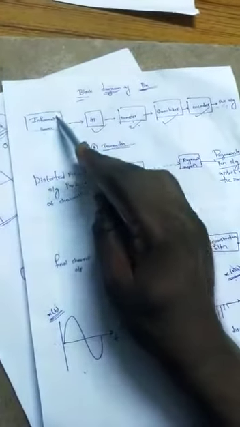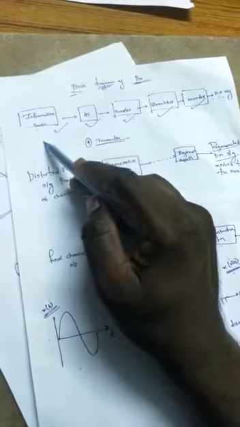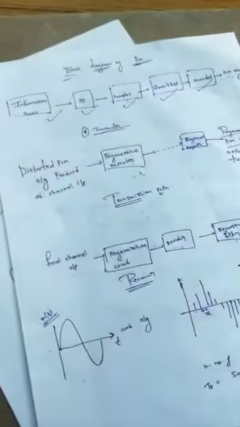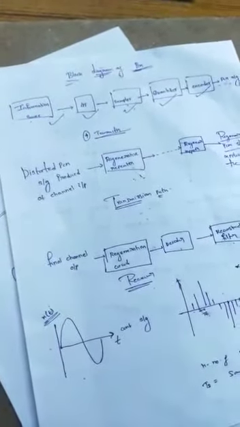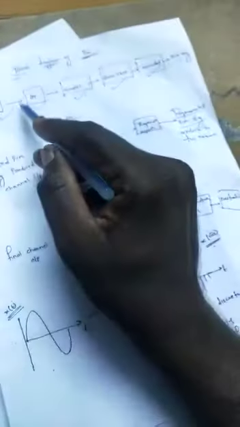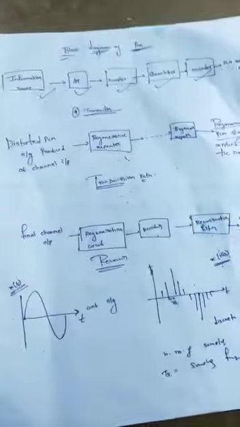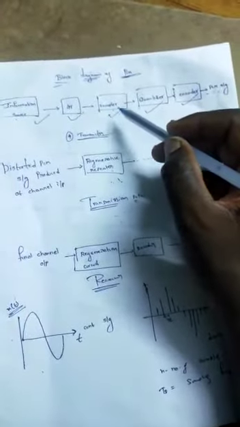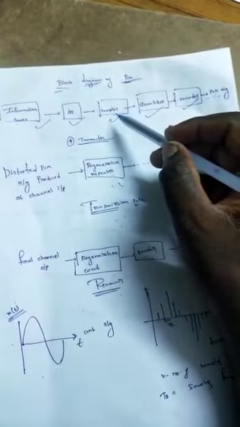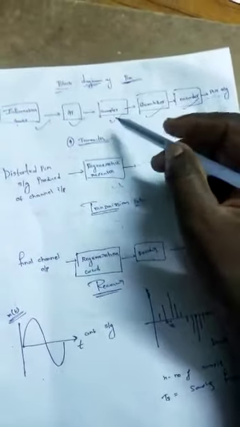Here the information source is an analog information source, that is either image or voice. It is applied to a low pass filter, which allows only low frequency signals. And then the sampler is a process of converting a continuous time signal into a discrete time signal.